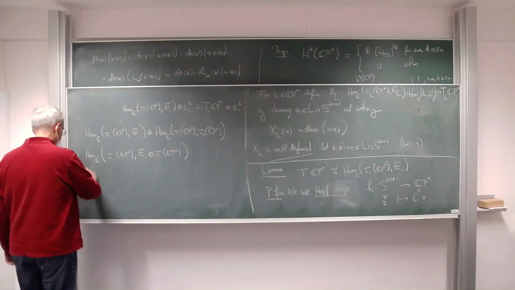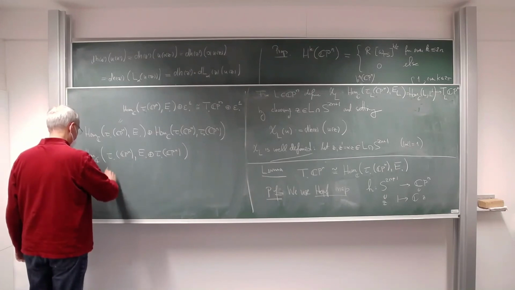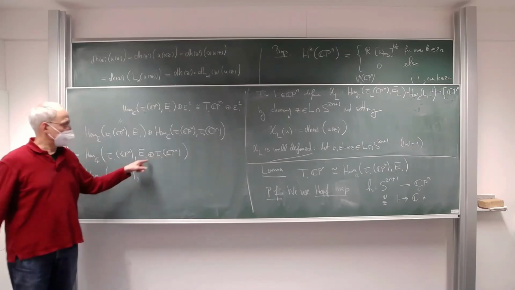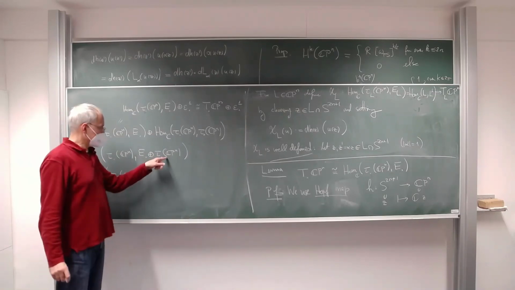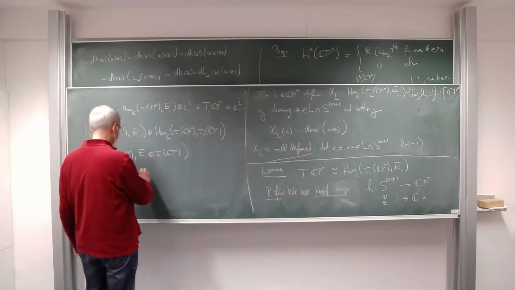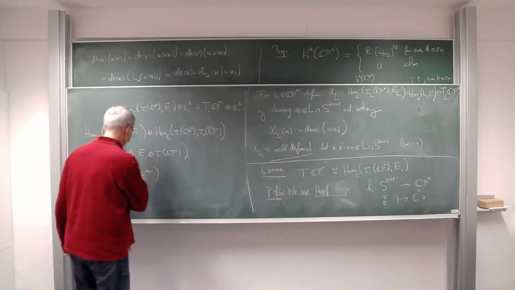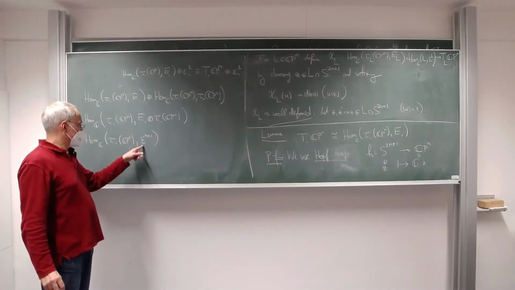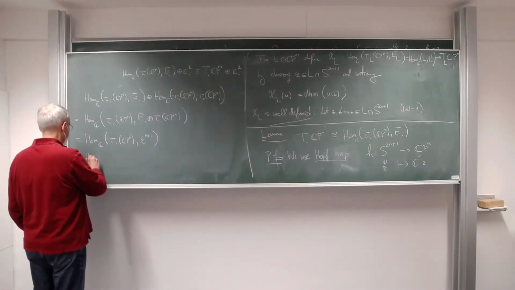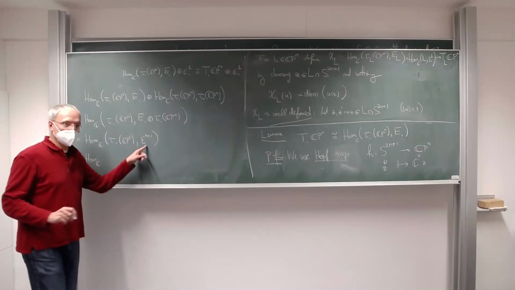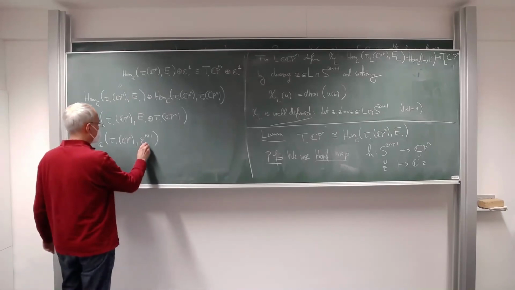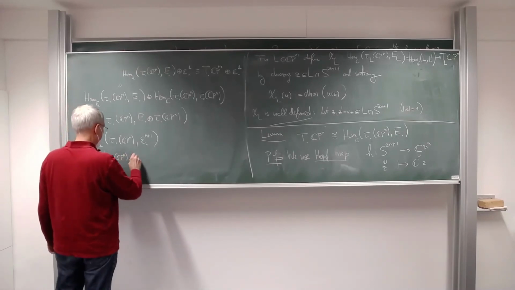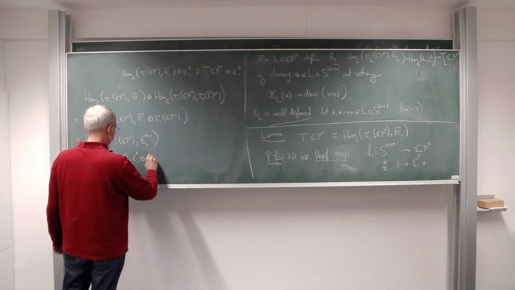What is it? The fiber here is L and here L perp. So this gives me the trivial bundle of rank n plus 1, which at the same time I could write as the sum of epsilon 1, epsilon 1, epsilon 1, etc., n plus 1 times.